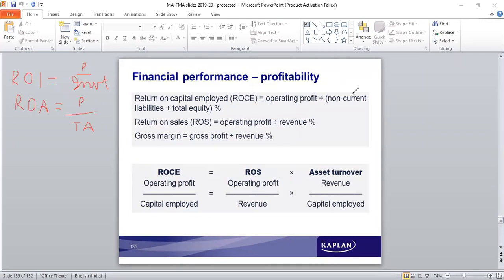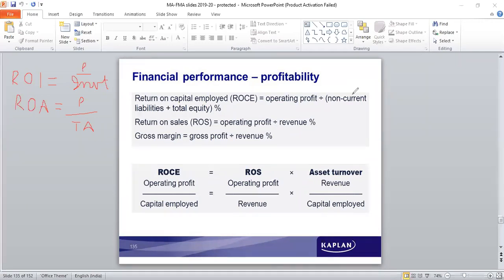You just have to understand what these ratios are, how we interpret them, what analysis can be taken up. Fine. So, at this point of time, just understand that these terms can be interchangeably used. That is ROCE or ROI or ROA. ROCE, the total amount of capital which is raised, is the total amount of investment also raised. Investment raised to be invested into total assets.